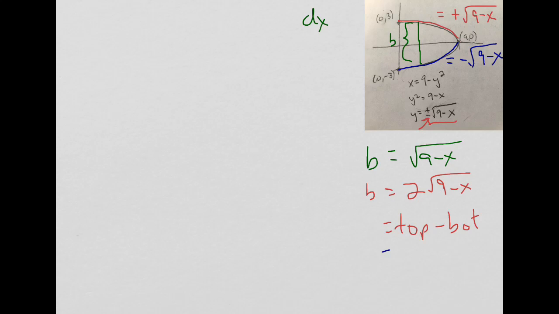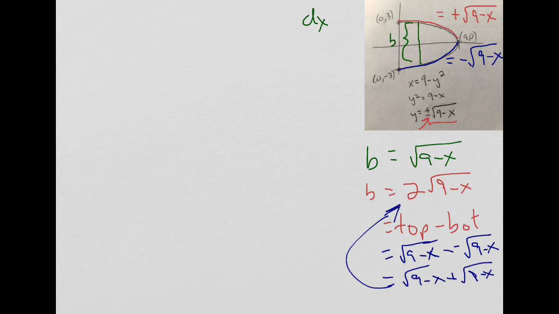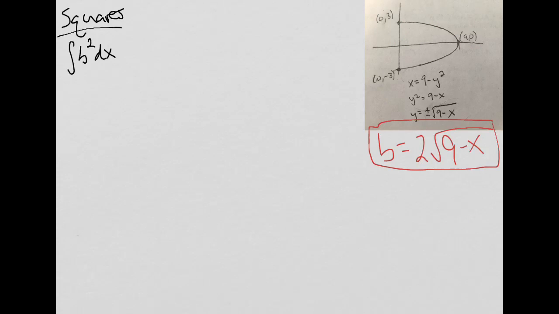Now what I want you to see is that when I do top minus bottom, I do root 9 minus x minus a negative root 9 minus x, which is going to simplify to root 9 minus x plus root 9 minus x, and I have two of them, so it winds up giving me 2 root 9 minus x. So there's two ways to get there. Honestly, I think that this way is more efficient and easier, but I like how this connects to a lot of the ideas of how we've talked about finding those things. So that's my base, 2 root 9 minus x right here.